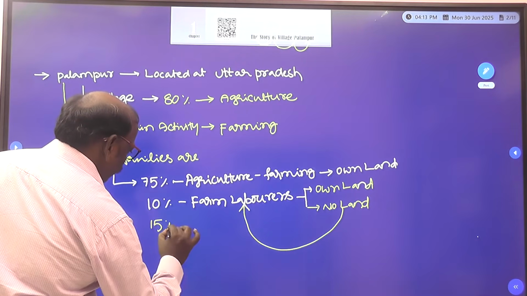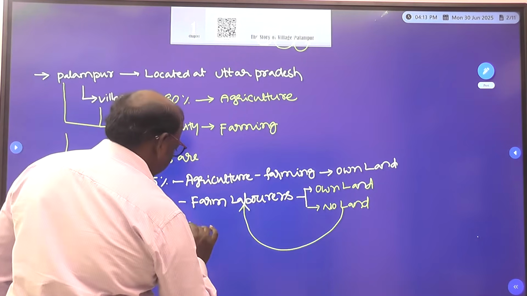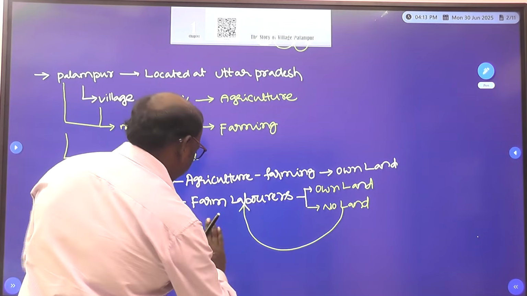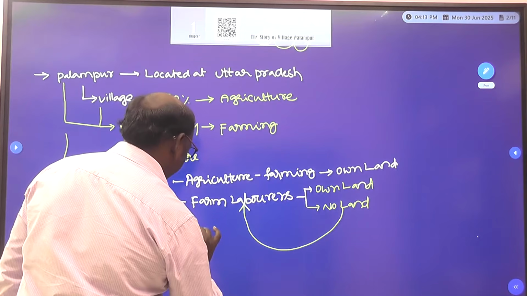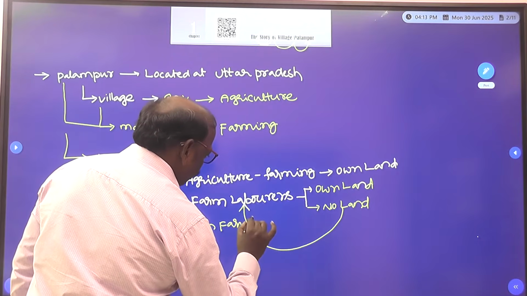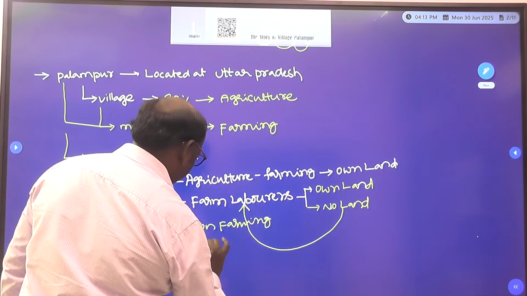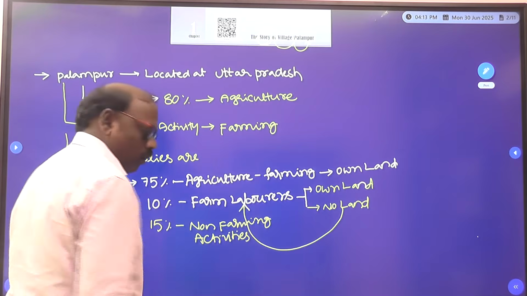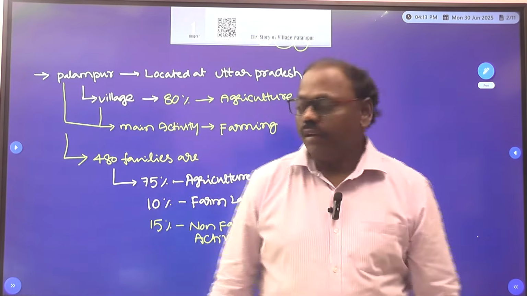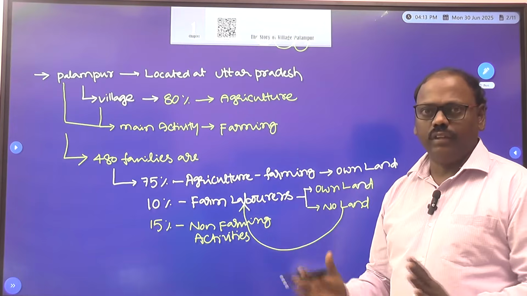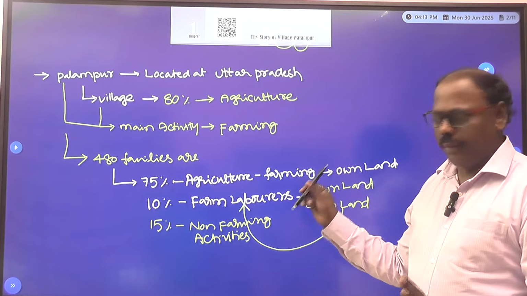The rest are working in non-farming activities. In any village we can take, in most cases the main activity is only farming.